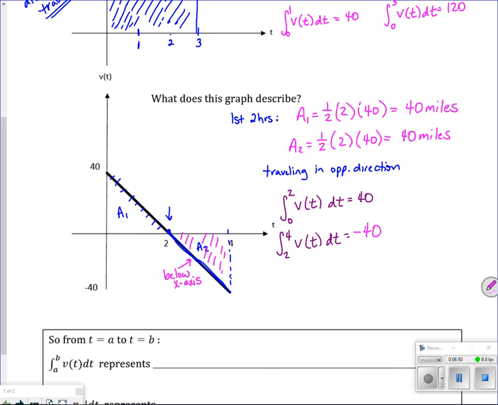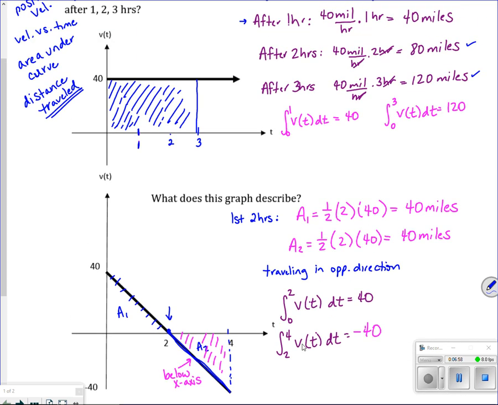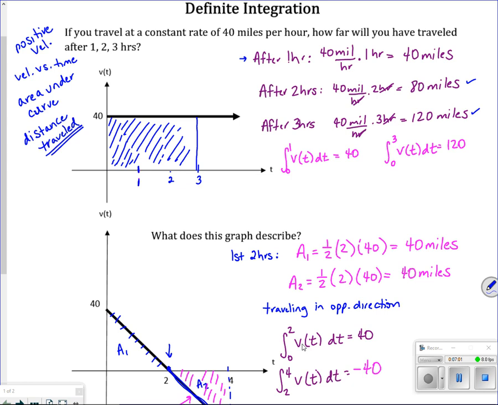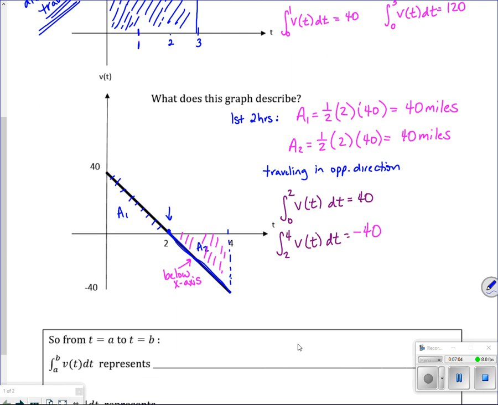So wait a minute, we need to tell the difference. Up here we said it looks like the area under the curve is the distance traveled. That was true if you have positive velocity, but there is a very big difference between these two things. If I ask you for the integral of v of t of this problem, by one of our properties, I can split that up into the integral from 0 to 2 and the integral from 2 to 4.